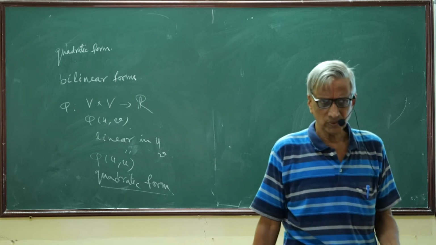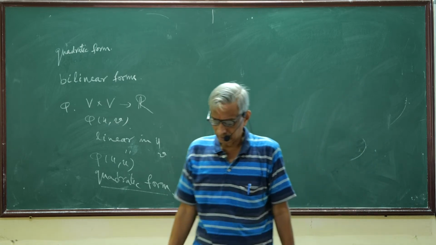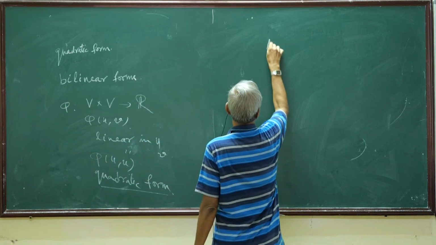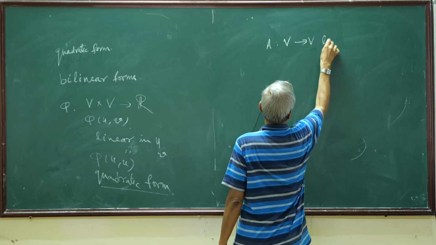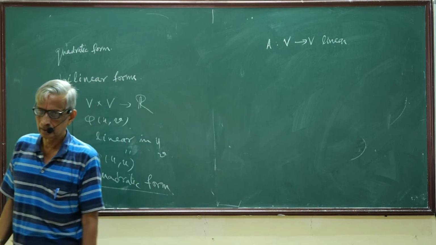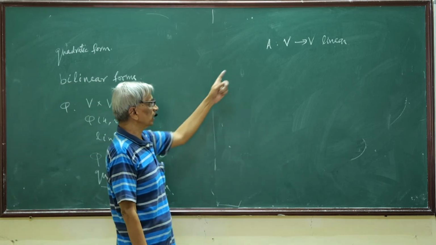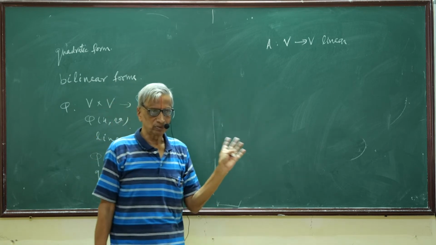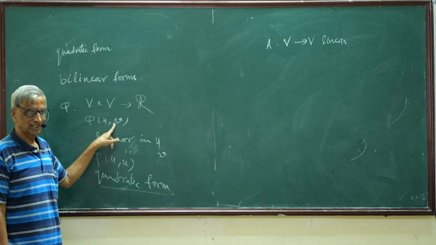In general, of course, you can take any linear map, for example A from V to V, linear, and you can even take two linear maps if you want, put A here and B here.